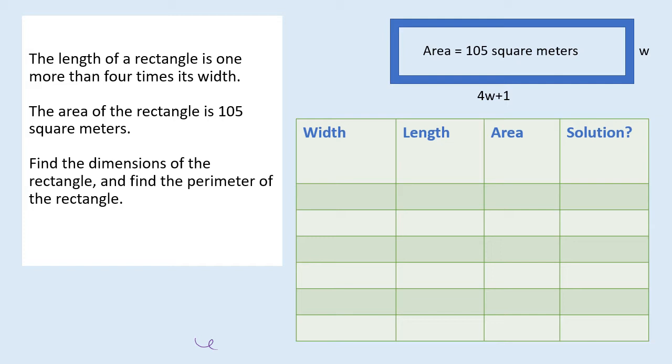I'm going to start with a width of 20 meters, just as my initial guess. When I do that, that means that my length will be 4 times 20 plus another 1. We need to use that expression for the length. And so that means that my length will be 81.